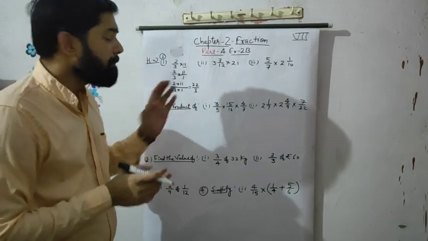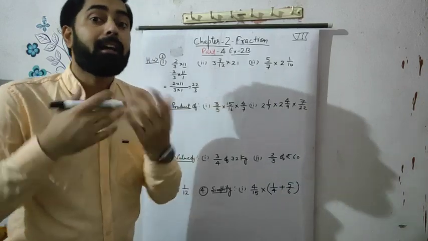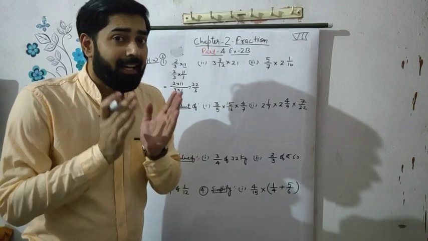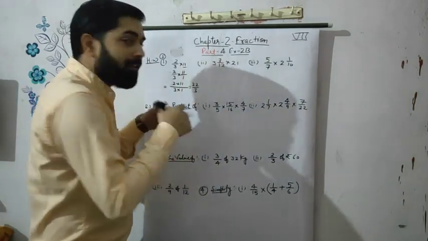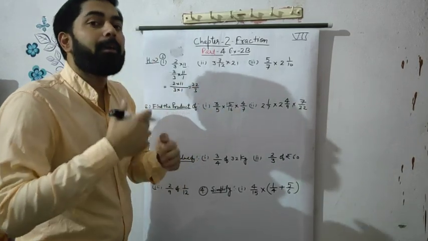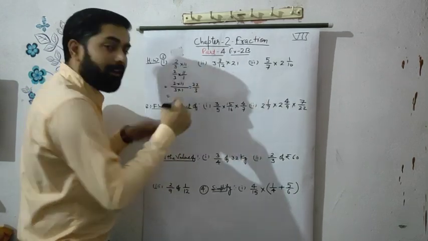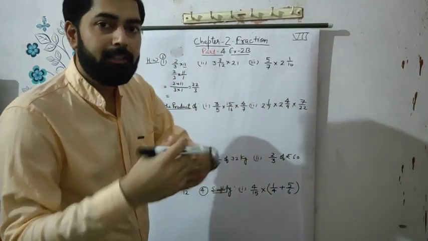This is an improper fraction, because the numerator is greater than the denominator. So we know that we always write the fraction answer in the simplest form. So how can we write it? As a mixed fraction. We know how to convert improper to mixed and mixed to improper.